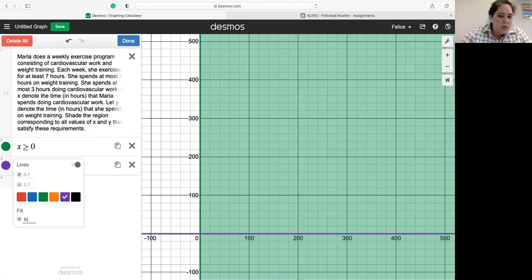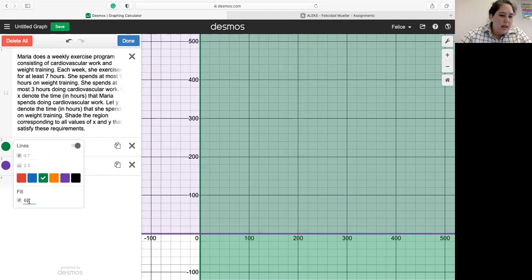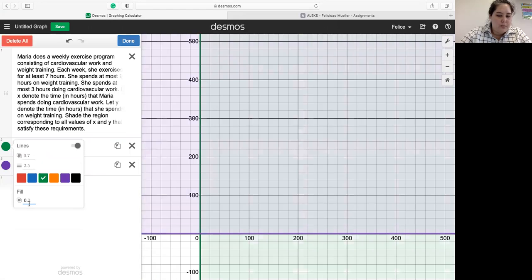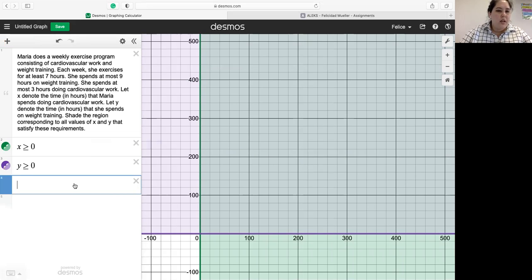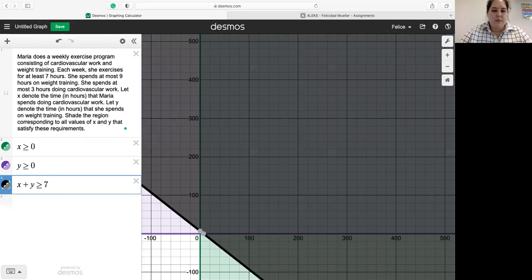So we can actually go ahead and lessen how dark it is. And so that might actually help us out a little bit to see. So I know it's going to be in this region here. So she spends at least 7 hours. So X plus Y has to be greater than or equal to 7.